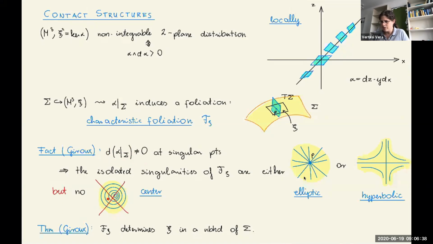And then, for example, centers are not going to be allowed. They never occur as characteristic foliations. And one important thing about contact structures is that this characteristic foliation is somehow the germ of the contact structure near the surface, and it determines the contact structure in the neighborhood of the surface. Meaning that if two surfaces have the same characteristic foliation on them, then they have contactomorphic neighborhoods as well.